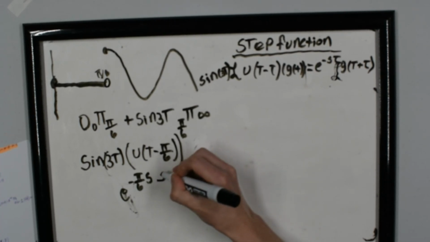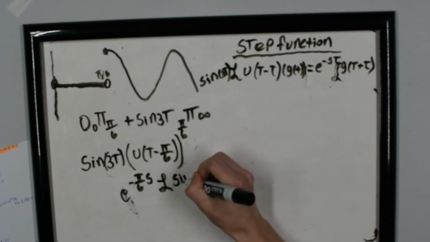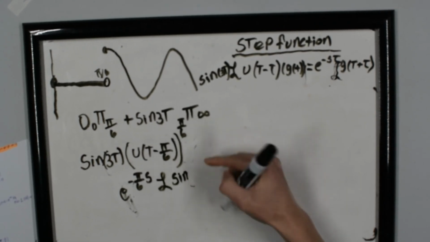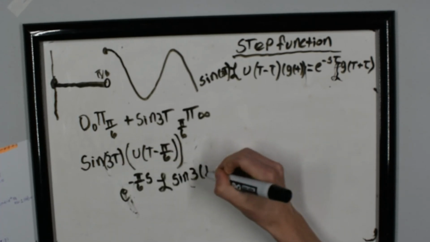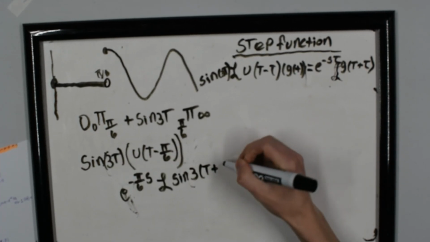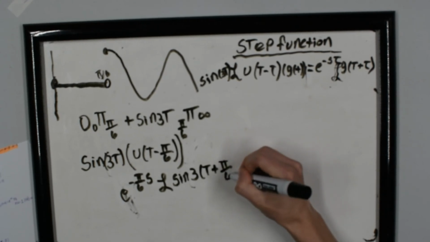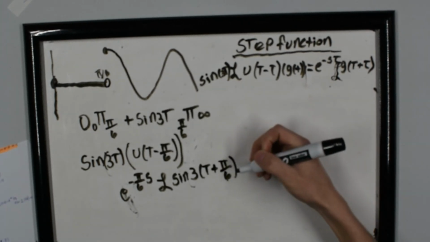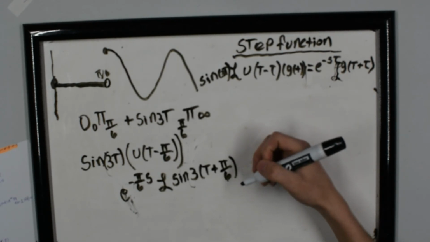So it's the Laplace transform of sine 3, and then for t, you put t plus pi over 6.